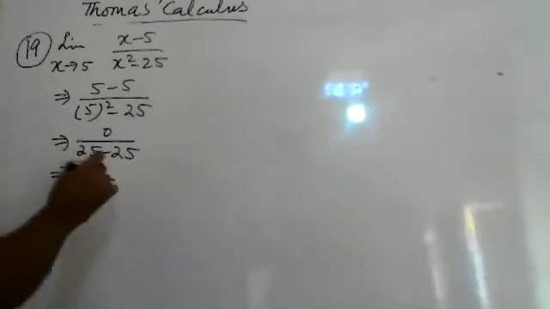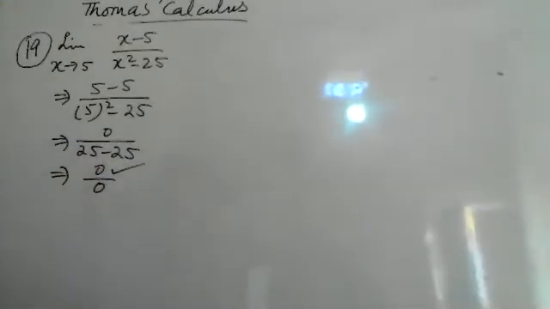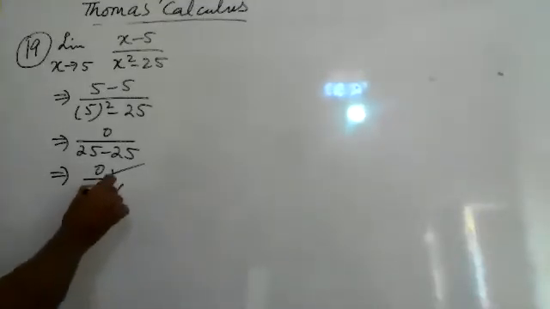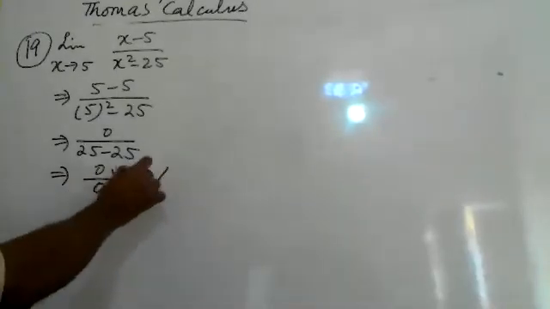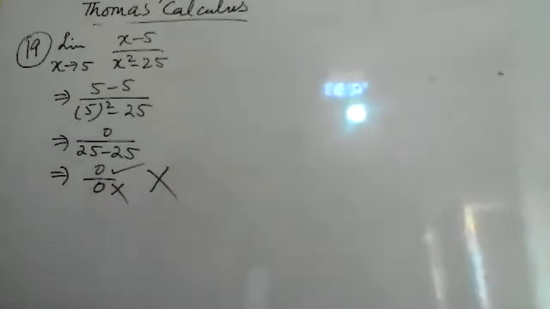In the numerator it is acceptable, but in the denominator 0 is not acceptable. So that means the whole answer is wrong. So when this whole answer is wrong, what to do? We will use some other method.